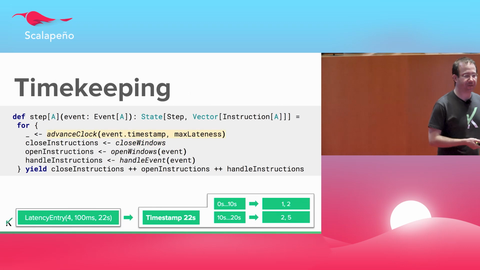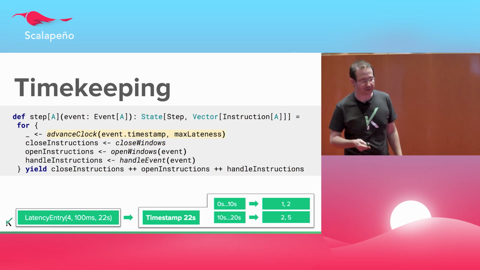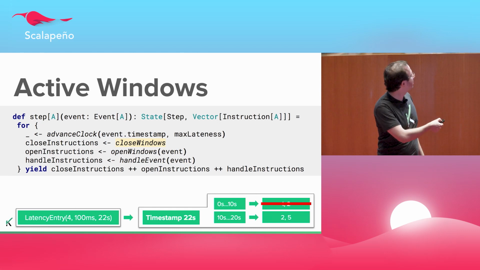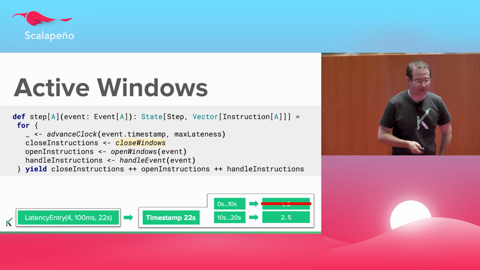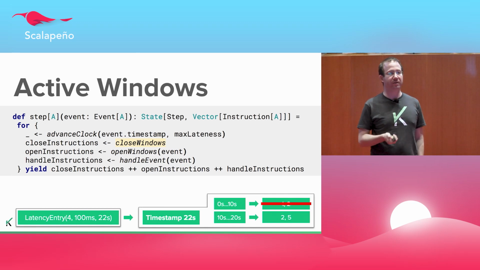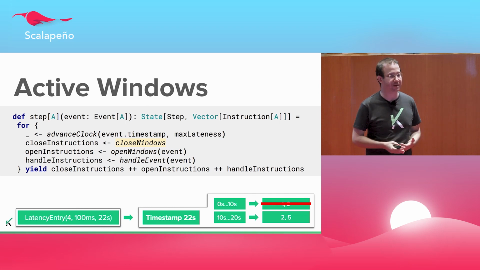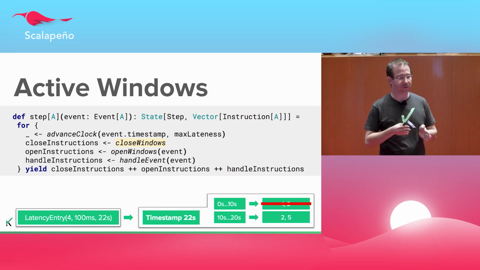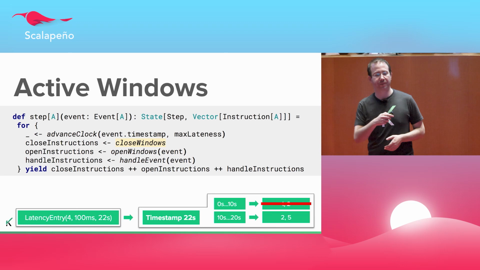So the timestamp advances to 22 seconds. Also, we want to close the old windows. Since now the timestamp is 22 seconds and our maximum allowed latency is set at 1 second, then windows at intervals 0 to 10 seconds may close. So we're rid of them.